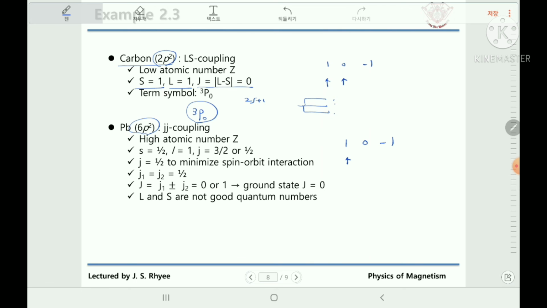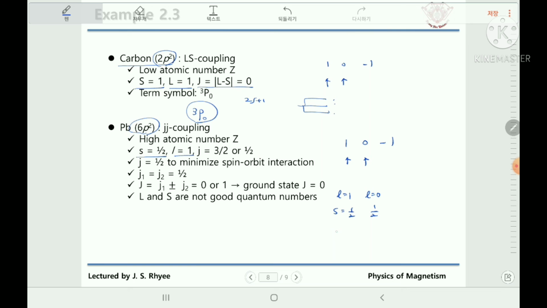And also here s is 1/2, and l equals 1. Here, in this case, it is jj. Here is one spin, and the other electron like this. In this case, small l equals 1 and s equals 1/2, and for the other one, l equals 0 and spin is 1/2.